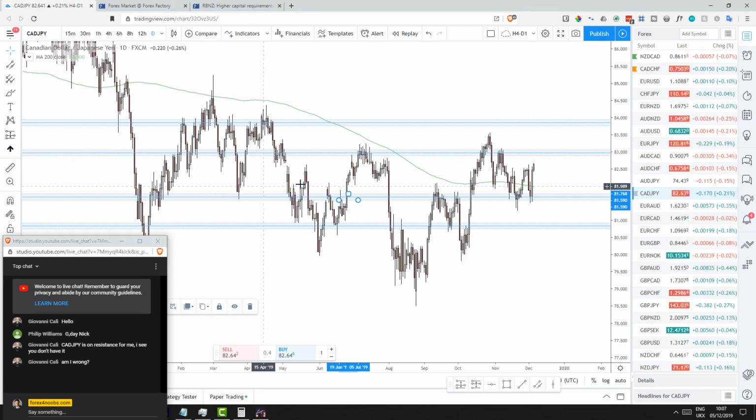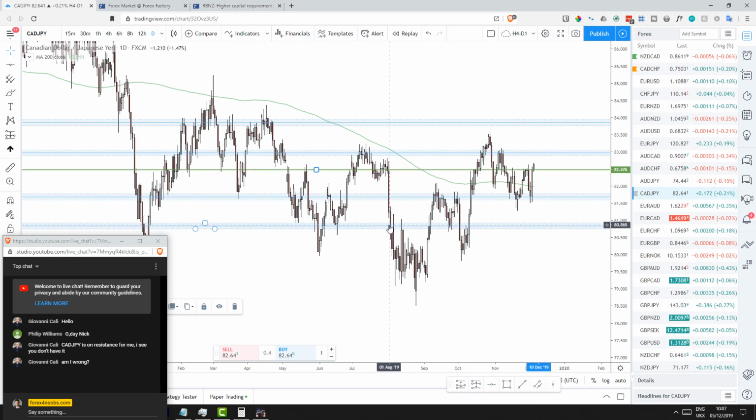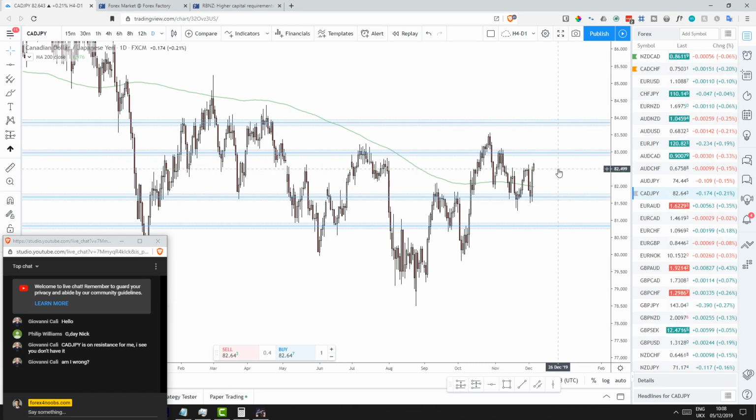Like, sure, back here it was working, but since May, price has just been cutting through it, especially recently. I don't like it as a resistance area, man.